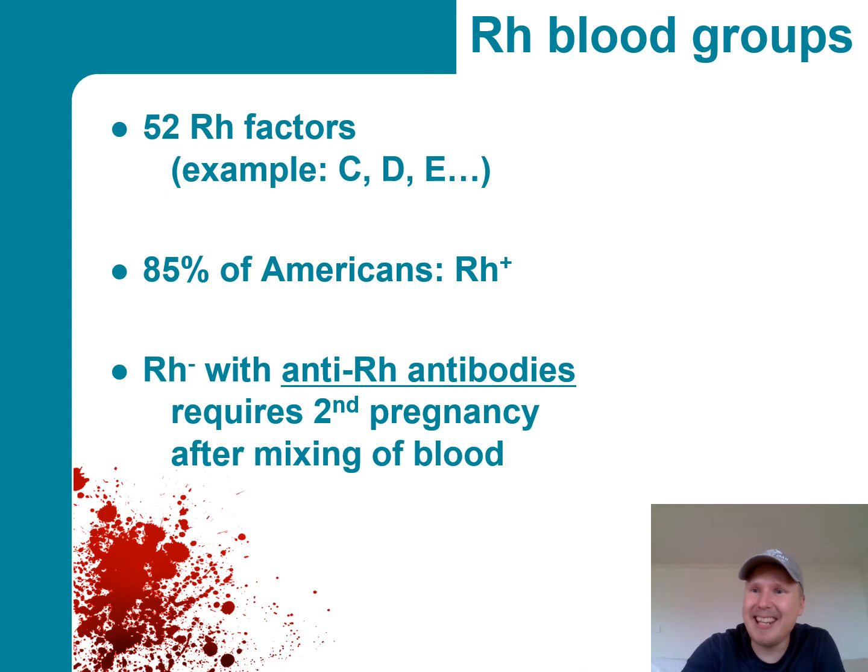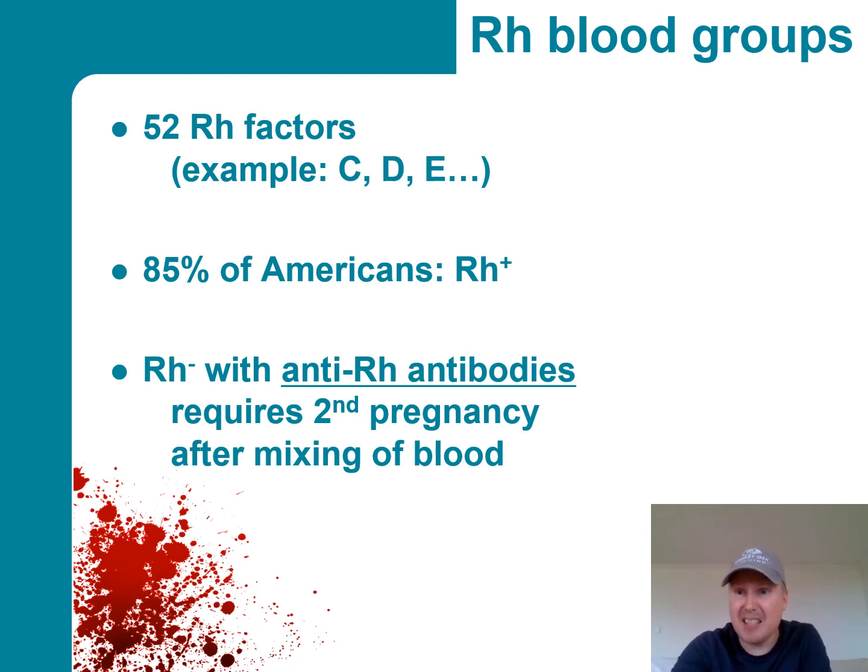Finally, I will say a few words about Rh blood groups. Note, however, that this is a larger topic on its own and one that we will not fully tackle in this class. There are 52 different Rh agglutinogens, also known as Rh factors. The most common ones are C, D, and E. If someone is Rh positive, this means that there is a presence of D antigen.